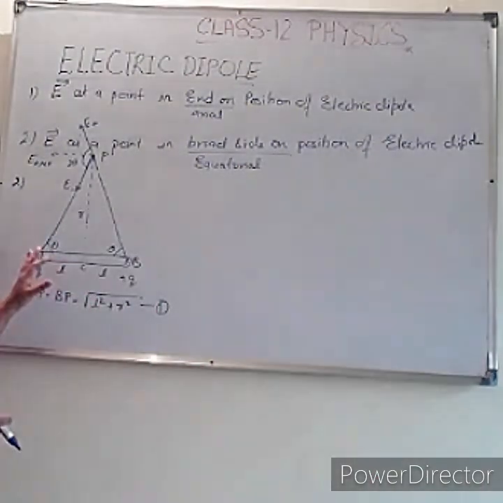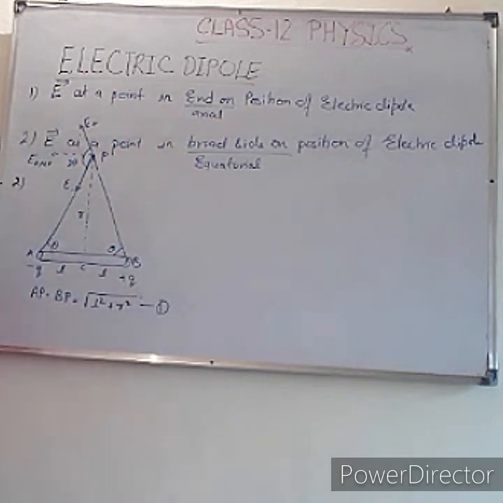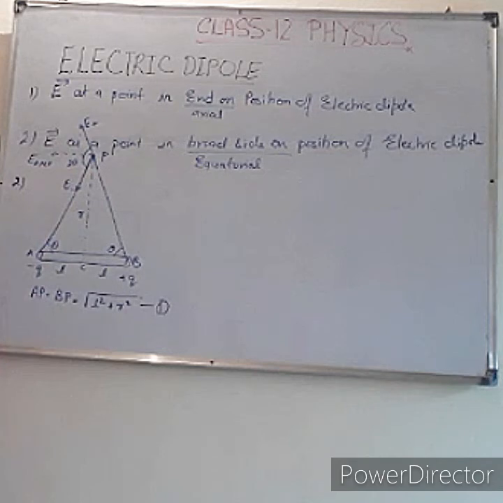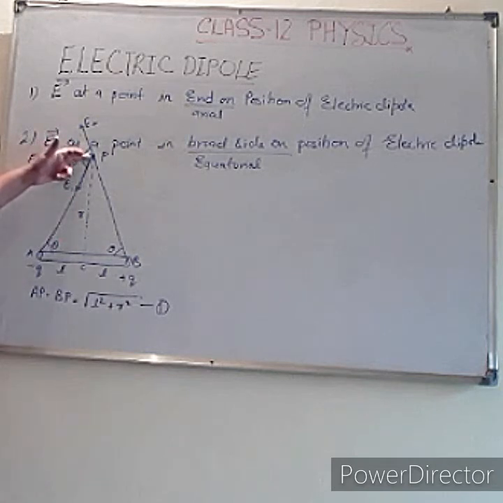Okay, now take the case of electric field at a point P in broadside on position of electric dipole. So this is the situation. This one is the electric dipole, and from the center position we will draw one normal and take the point P at distance r. So we can take the electric field at point P due to plus Q charge and due to minus Q charge.